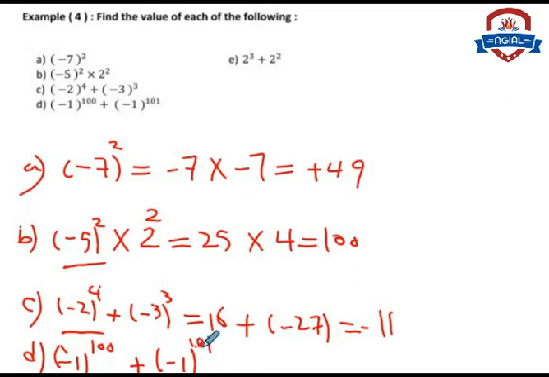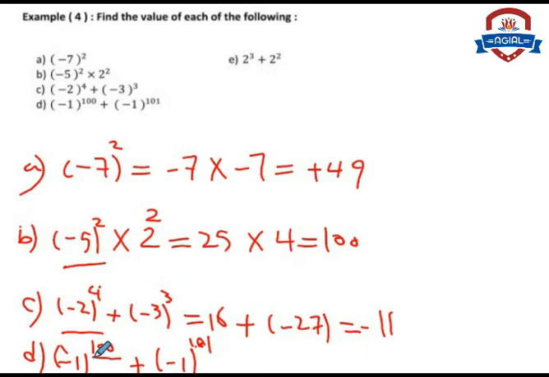So how can we solve this? Now the first term we have is (-1) to the power of 100. The power 100 is an even number, so the result would be positive.